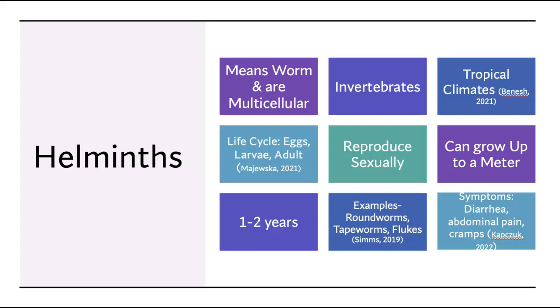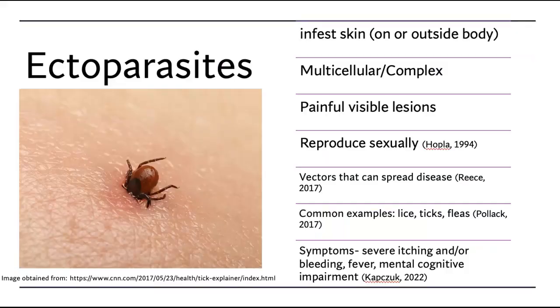They typically live for a couple years, usually no more than that. Common examples that you might have heard of are roundworms, tapeworms, and flukes. Symptoms include diarrhea, stomach pain, bloody stool, irregular bowel movements, cramps, typical things like that.